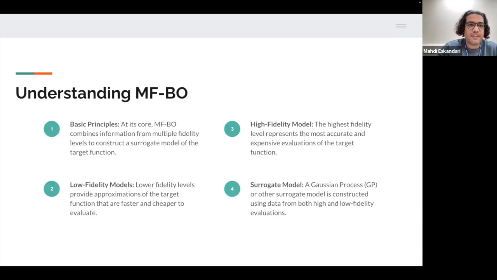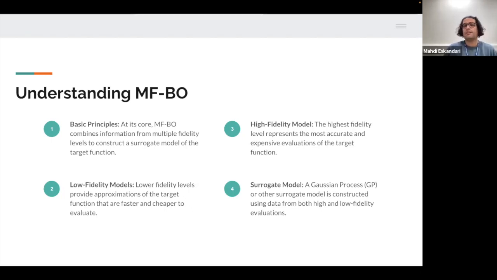To understand MFBO further, the basic principle at its core is that MFBO combines information from multiple fidelity levels in order to construct a surrogate model for the target function. The low fidelity models, or the less accurate models, provide some approximation of the target function that is faster and cheaper to evaluate.